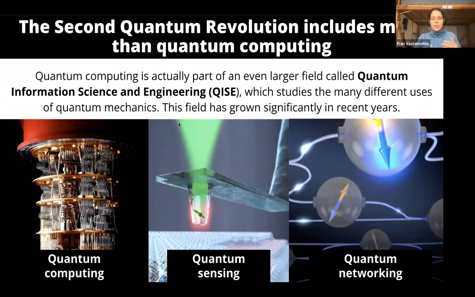This field has grown significantly in recent years. Beyond quantum computing, you have things such as quantum sensing and quantum networking, which are ways of trying to build, for example, more powerful sensors, or thinking about how you can distribute quantum information.